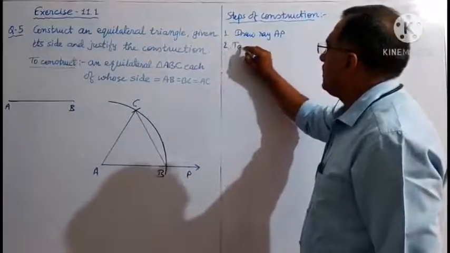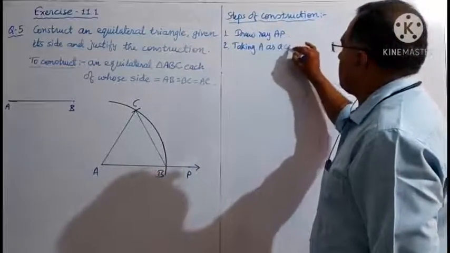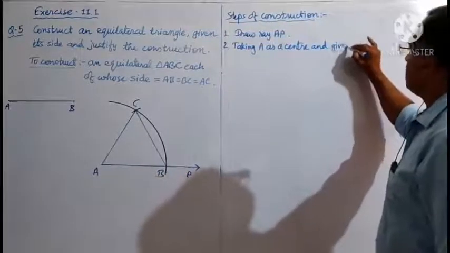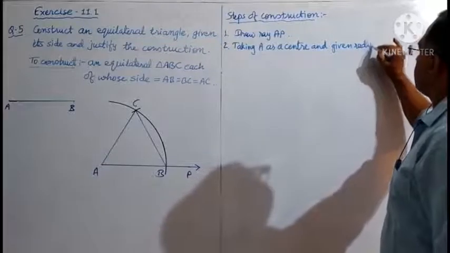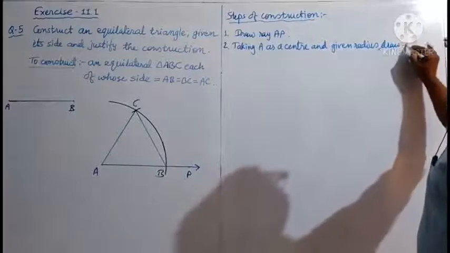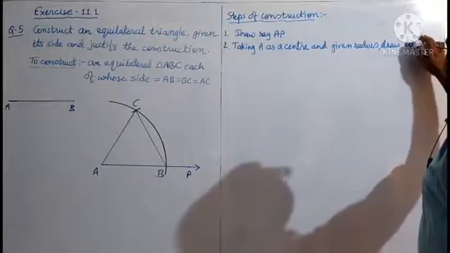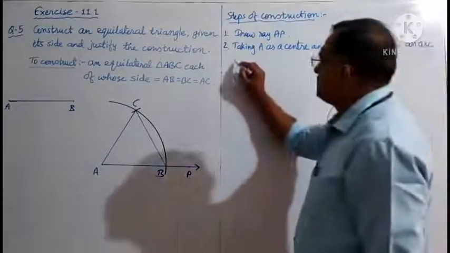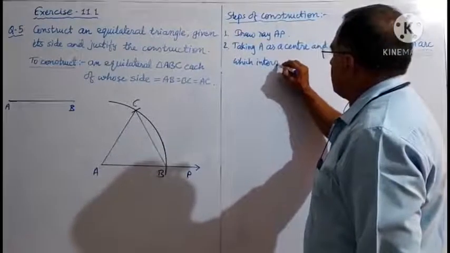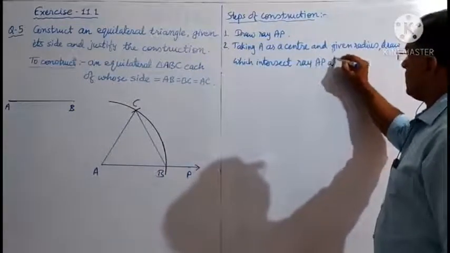Second, taking A as a center and the given radius, draw an arc which intersects ray AP at B.